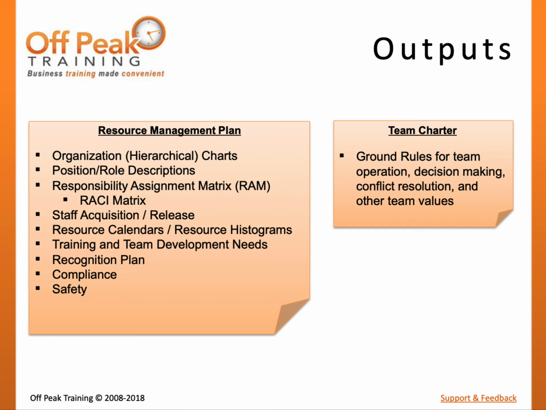A responsibility assignment matrix, or RACI Matrix, can be used to help map roles and responsibilities to project stakeholders. Staffing acquisition and release plans can help to display when staff will be hired and released from the project. This can be done based on project phase or in time increments such as months. A resource histogram can graphically help display when staffing will be at its highest or lowest. Resource calendars help to display the available working times of the project as well as exceptions such as holidays.